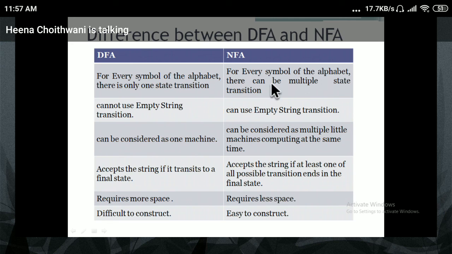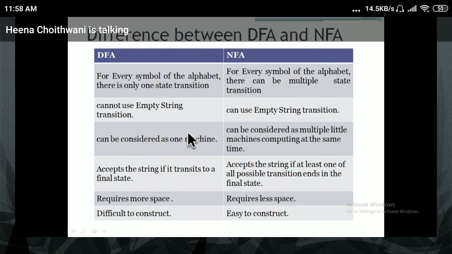In an NFA, for every symbol of the alphabet, there can be multiple state transitions. In the last example, Q0 on 0 had two transitions, one to Q1 and another to Q0 only. We cannot use an empty string transition in a DFA, but here we can use the null transition, that is, the empty string transition.